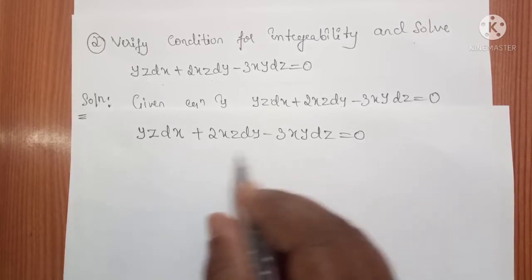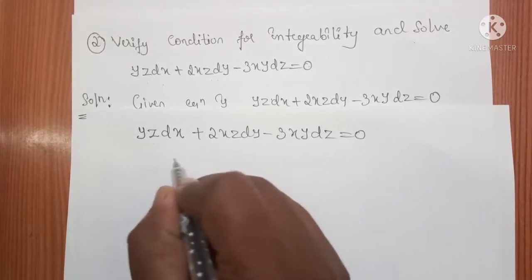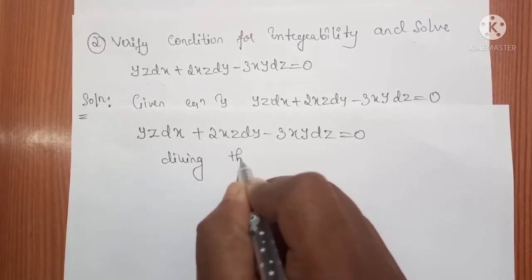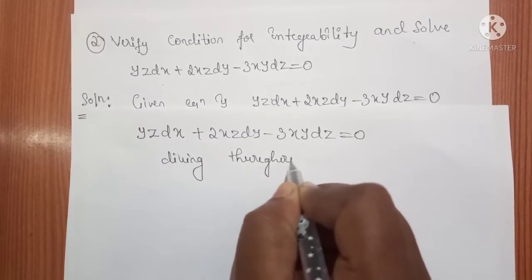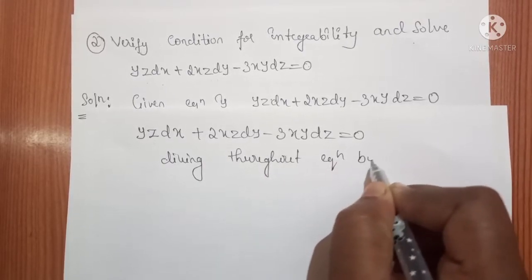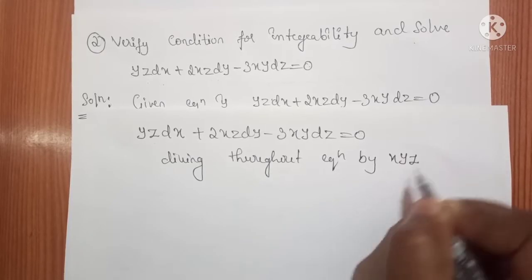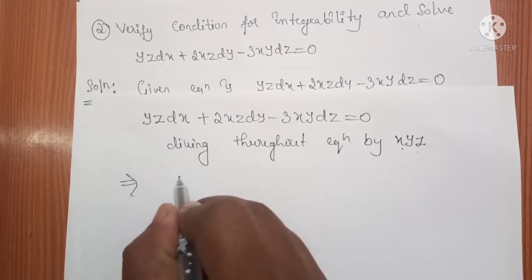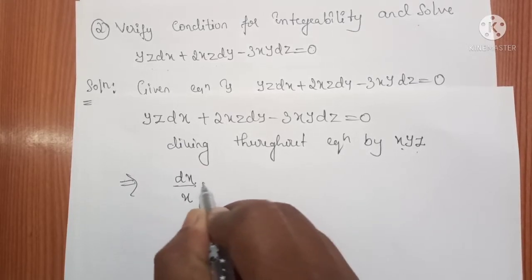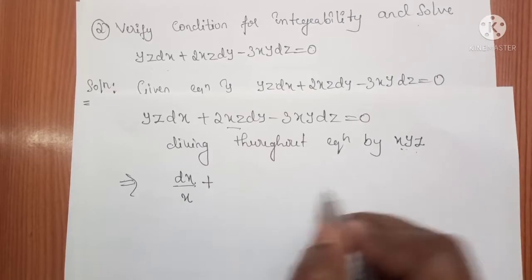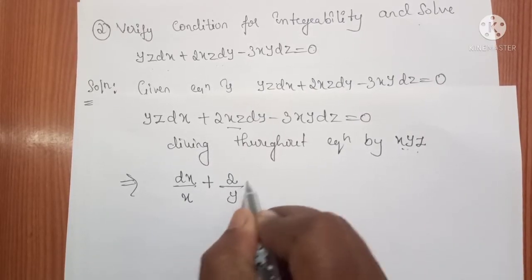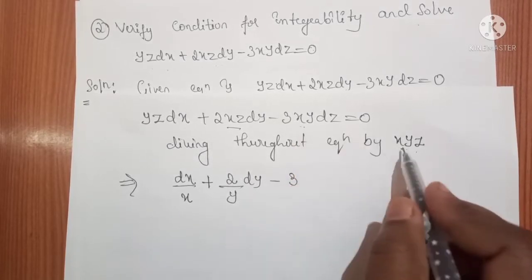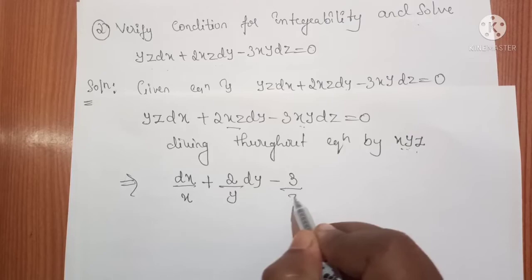So simply we divide the whole equation throughout by x into y into z. On dividing by xyz, yz gets cancelled, we get dx divided by x, plus, here xz gets cancelled, we get 2 divided by y into dy, minus 3xy, xy gets cancelled, we get 3 divided by z into dz equals to 0.